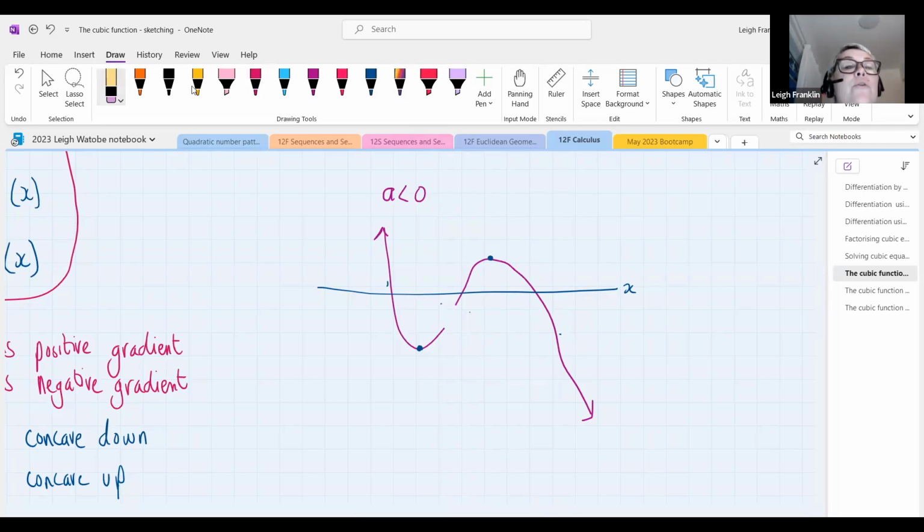Okay, so I could then say that over here, f prime x is smaller than 0. Here, f prime x is greater than 0. After this turning point, f prime x is smaller than 0.